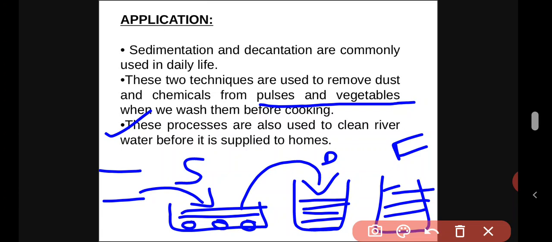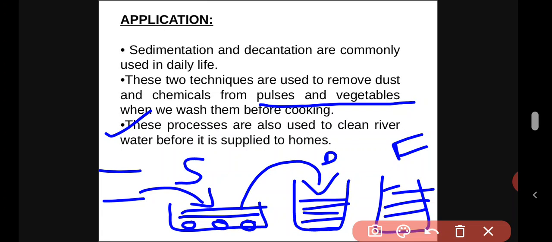From the river the water is taken out and put into the sedimentation process, where they separate the water and the boulders, sand particles and mud particles.